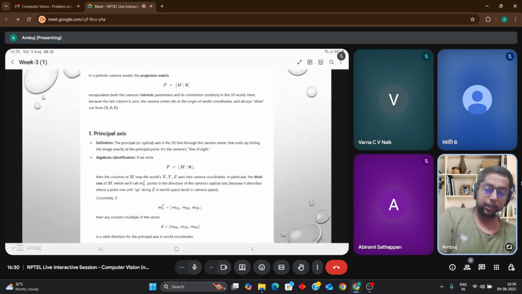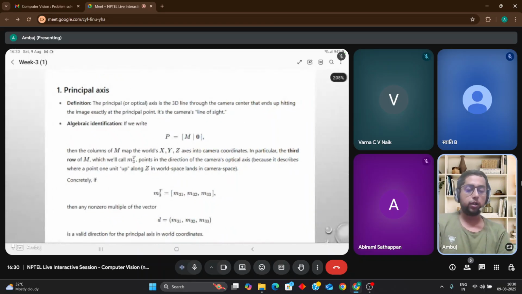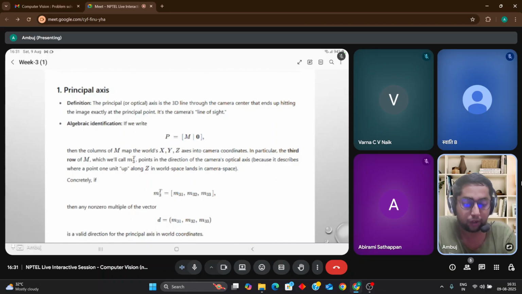If we write P equal to [M | 0], then the columns of M map the world's x, y, z axes into camera coordinates. In particular, the third row of M, which is M3 transpose, (M31, M32, M33), points in the direction of the camera's optical axis, and D is a non-zero multiple of this vector.